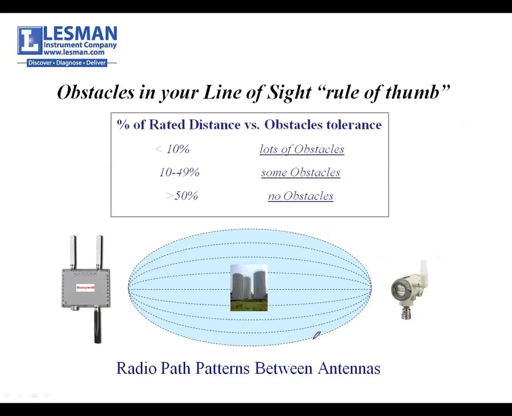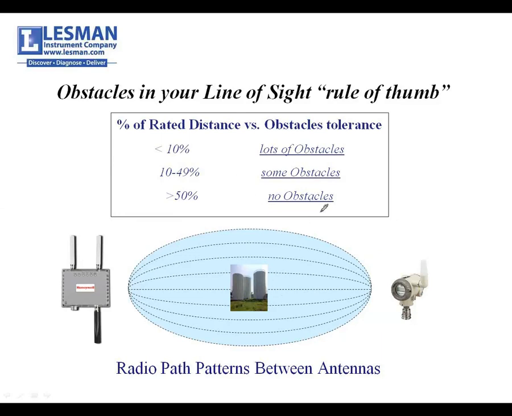In our world, we're often working in and around lots of obstacles. Okay? Radio waves shoot in a pattern that looks like a football or a rugby ball. In the middle, they're at their widest point. If we can put the obstructions in the middle, that'll give us the best chance of achieving successful, robust connectivity.